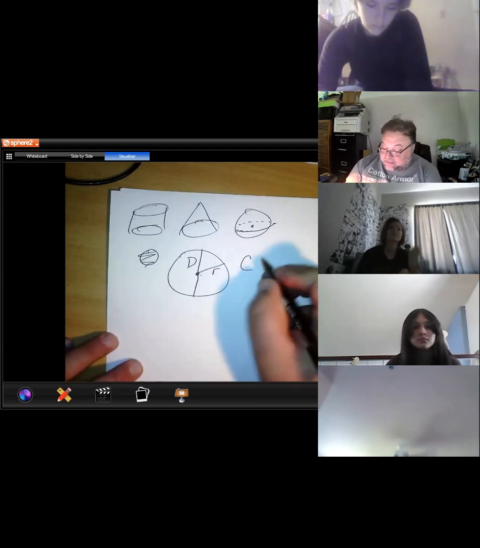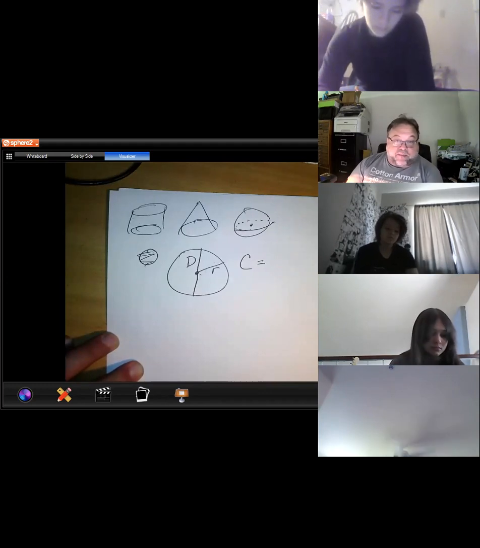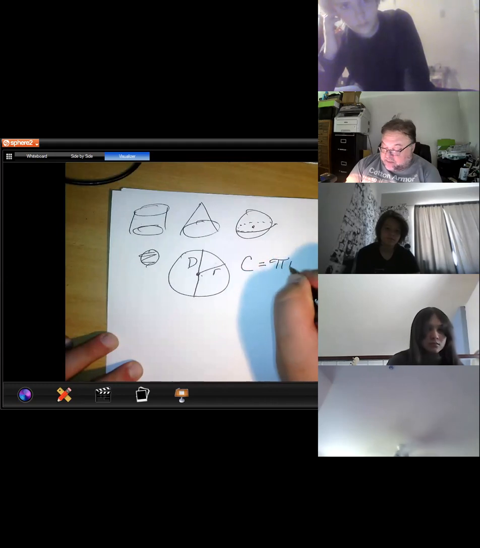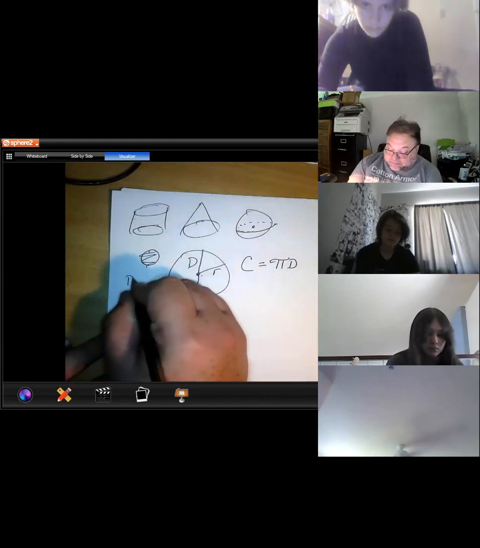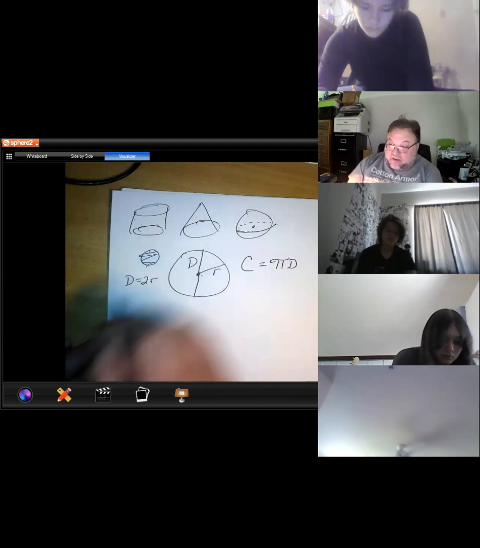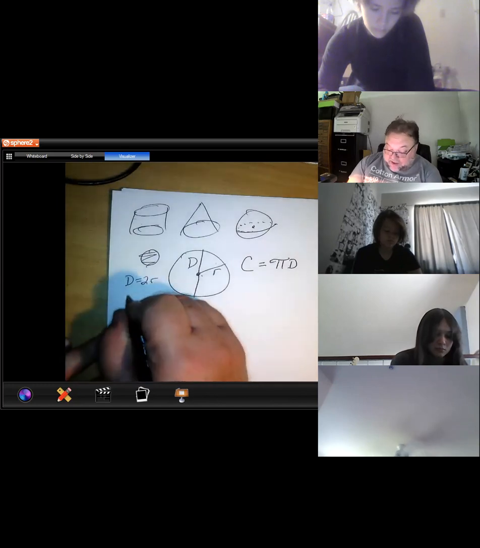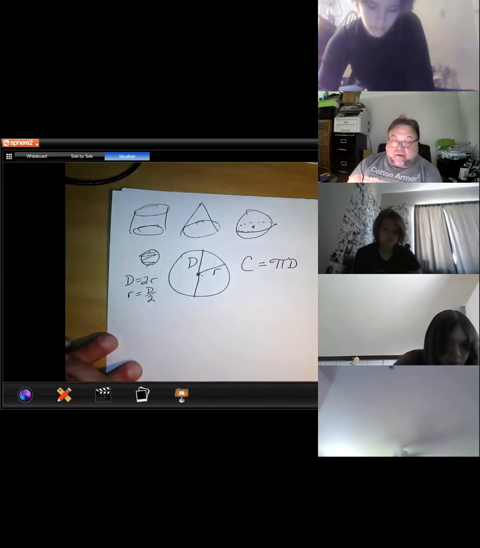Now, the circumference of a circle, or the perimeter of a circle, is calculated by taking pi and multiplying it by the diameter. Now, the diameter equals 2r. And that also means that r equals d divided by 2.